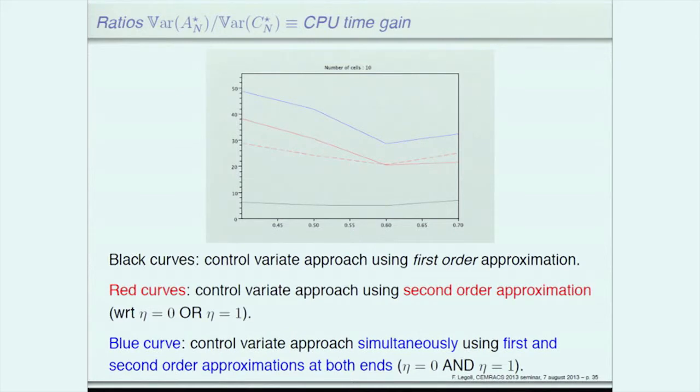The y-axis here is the ratio between the variance of A star n and the variance of my control model. If this ratio is large, then it means that I've got a large CPU gain, because this essentially scales the size of the confidence interval.